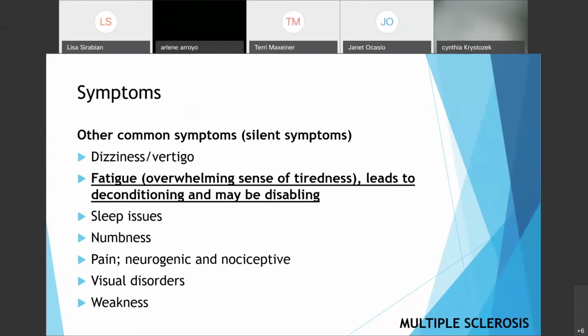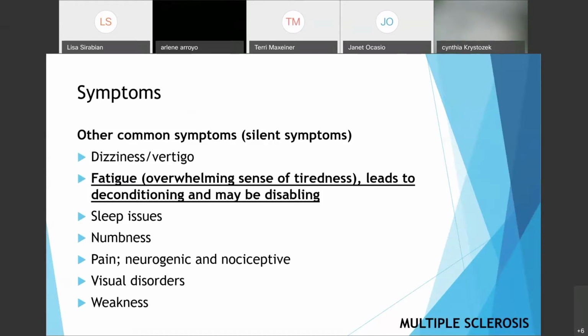So because of this problem with transmitting the nerve signals, they tend to have this overwhelming sense of tiredness, the overwhelming sense of fatigue.